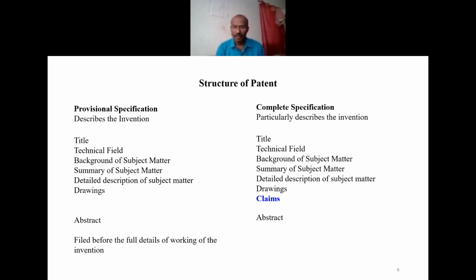So after knowing what is the invention, what we can patent and what is not patentable according to the Indian Patent Act, we will come towards the structure of a patent. Now, while filing a patent application, we can file it in the form of provisional specification, or we can file it in the form of complete specification.